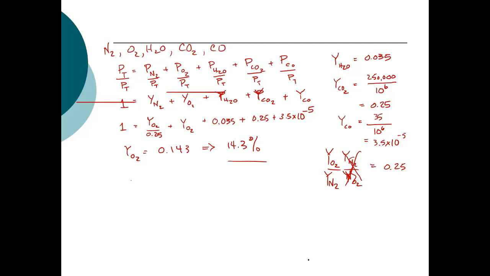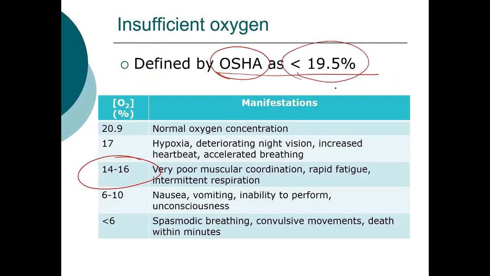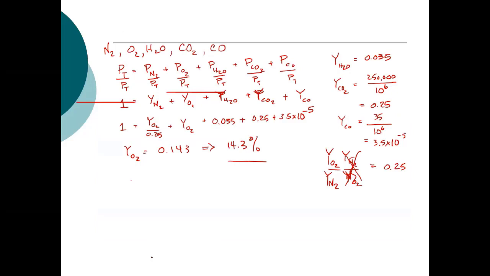We could set this, for instance, since we want some buffer, at 20%, in which case we can solve for the level that the alarm should be set at. So all we've done here is use Dalton's law of partial pressure to determine a safe level, or what that alarm should be set at.